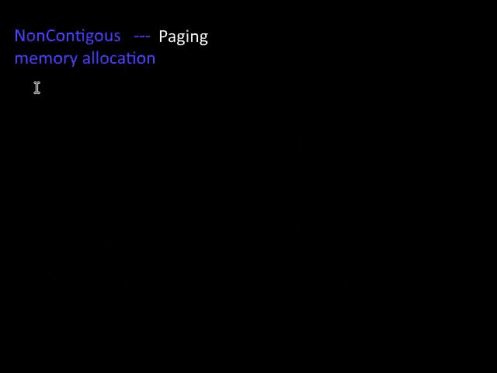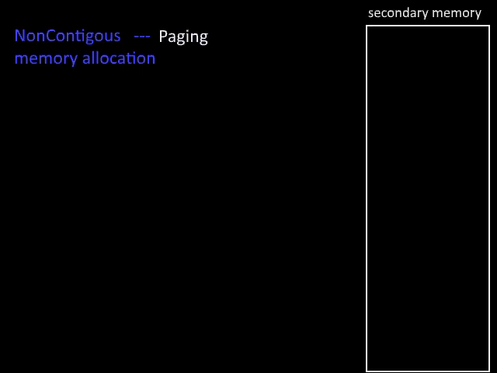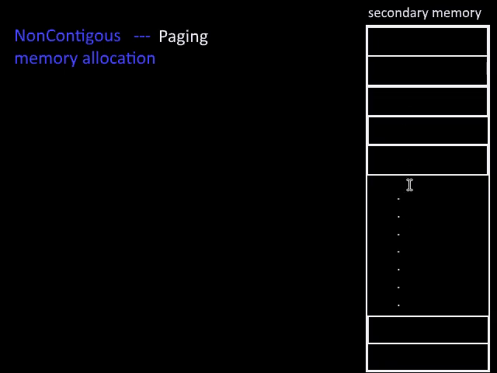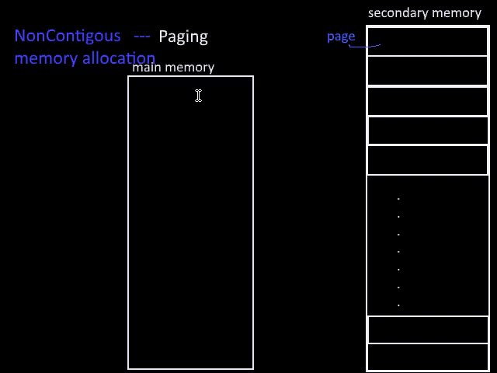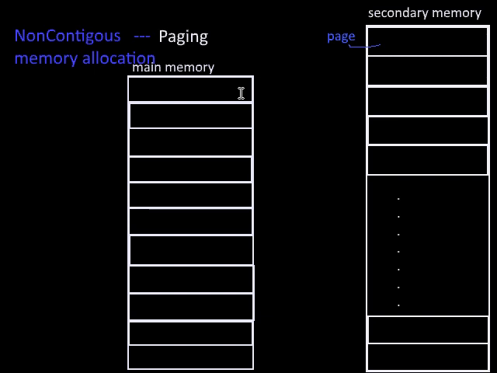To implement non-contiguous memory allocation using paging, we divide our secondary memory, or the logical memory, into small blocks of fixed size, and each such block is referred to as a page. Similarly, we divide our main memory, or the physical memory, into fixed sized blocks, and each such block is referred to as a frame.